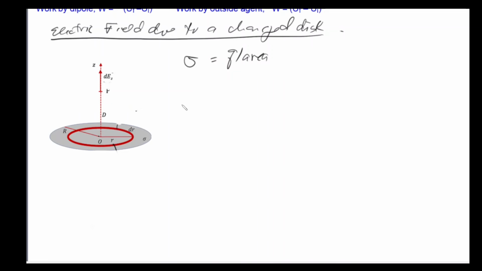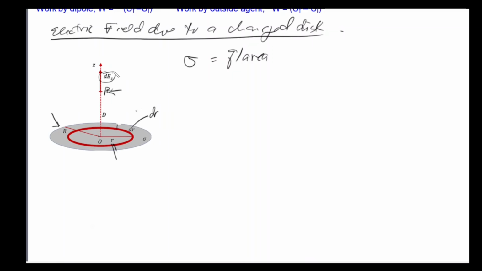And so we have a charged disk of radius R, and we look at a small ring inside the disk, a segment dr that is at a radius r from the center, and we have a point P that we're considering, and the charge on the disk gives us an electric field segment dE up here.